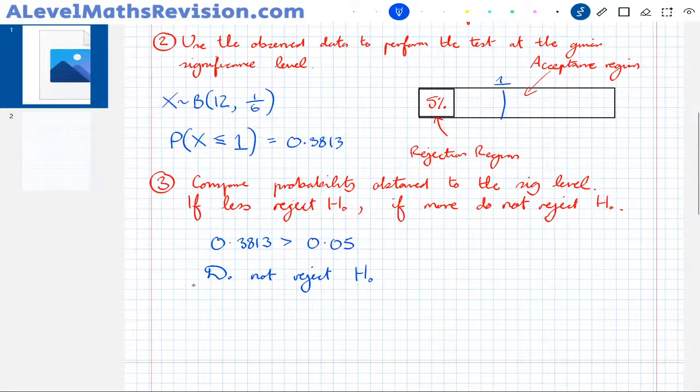And then finally the fourth step, always, conclude in context.